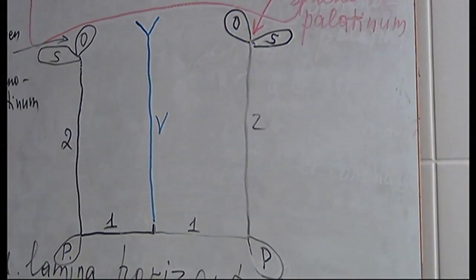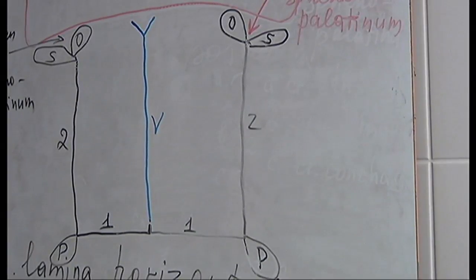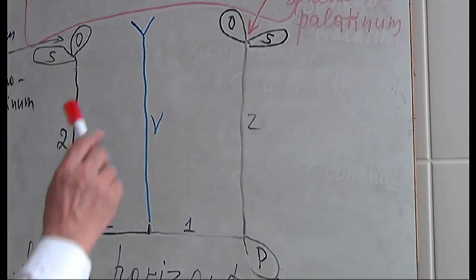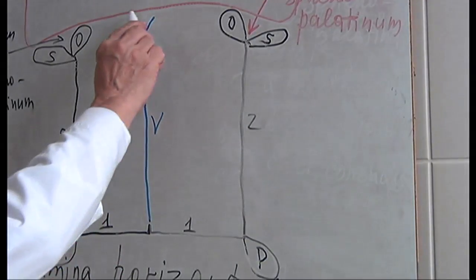Just now, this bone, vomer, you can say that it doesn't connect to any structures, so it's necessary to demonstrate how it will be attached to other bones.